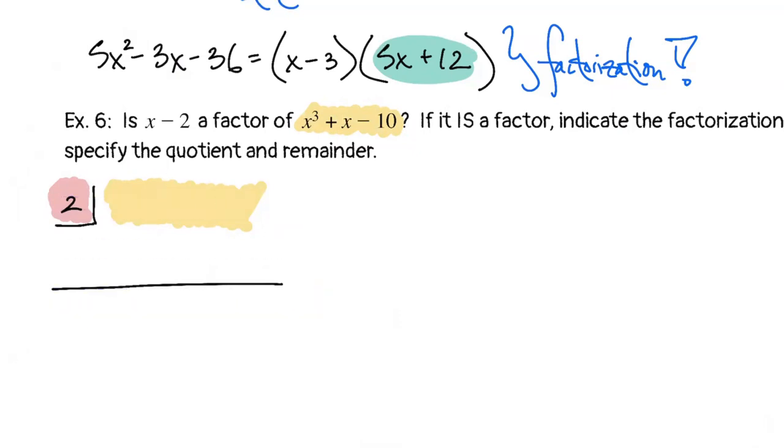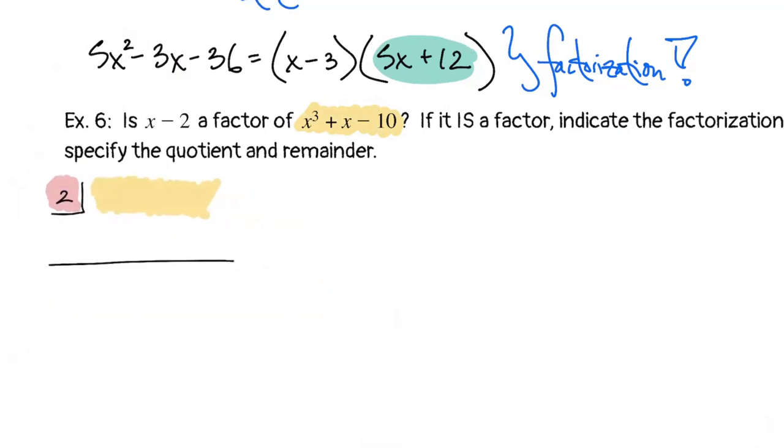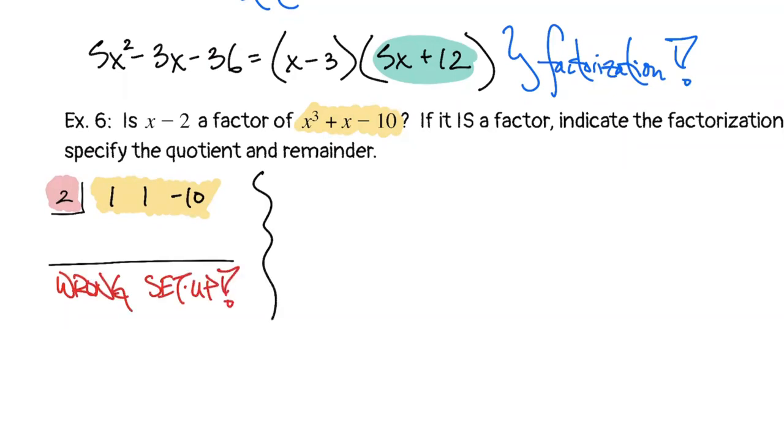Good, good. All right. So let me just write here what would be the wrong setup. Okay, so if all you did was look right here and you said, I see a 1 and a negative 10, and you did this, this would be the wrong setup. Okay, so it's not what we want to do. Rather, what we do want to have happen is we want to keep placeholders, right?